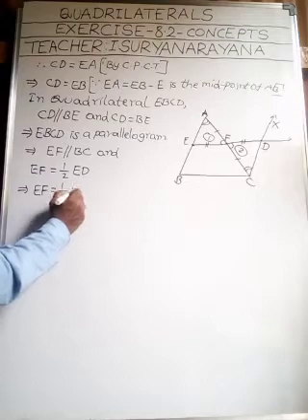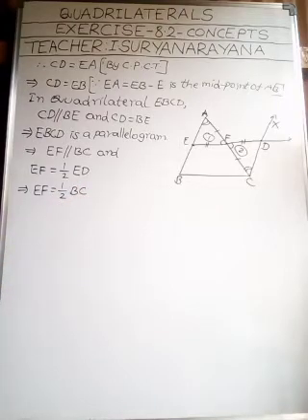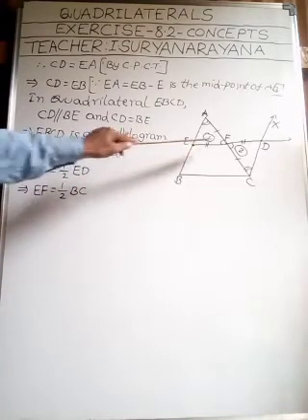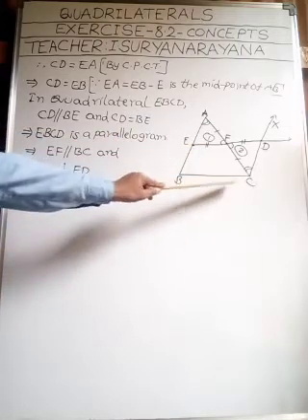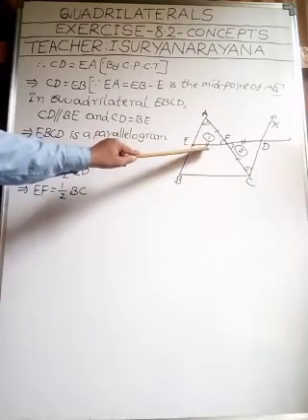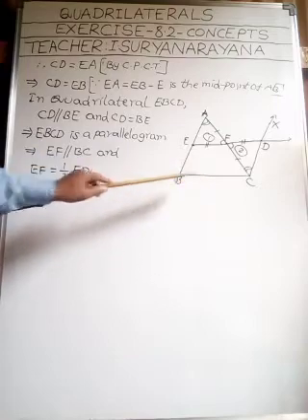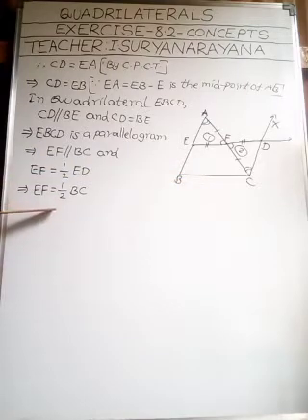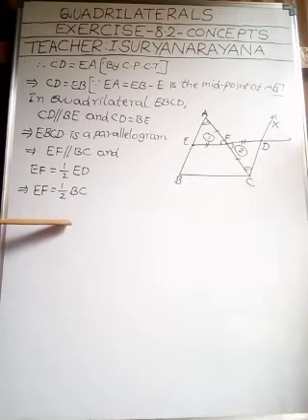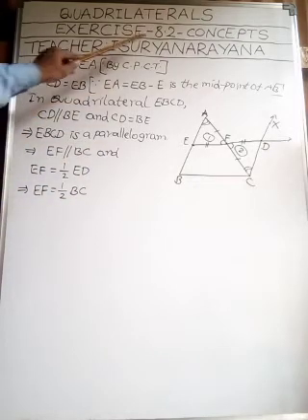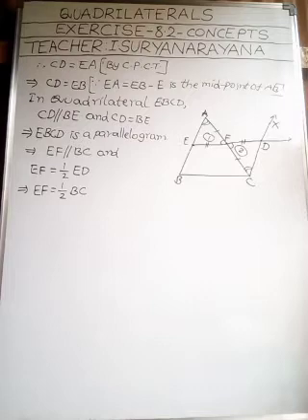So this EF is parallel to the third side, and moreover its length is half of the third side. Okay, my children, remember this result also. This result is very important in solving the problems in exercise 8.2. This is about the midpoint theorem. Understood, my children?